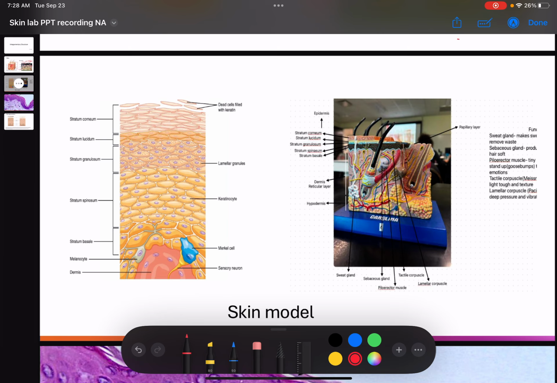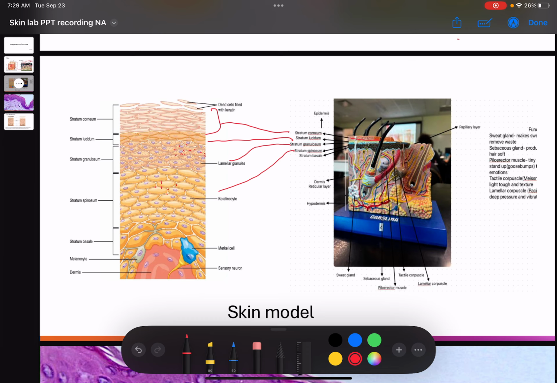So some of the models look like this. There are 5 layers. The outer layer, which is the stratum corneum, is the one showing over here. Stratum lucidum, the lighter color, stratum granulosum, it has granules inside the cells. You can see a bunch of them. Spinosum, so they attach to each other.